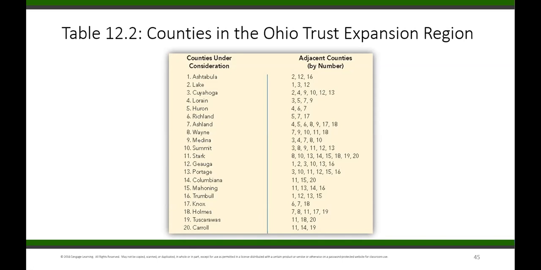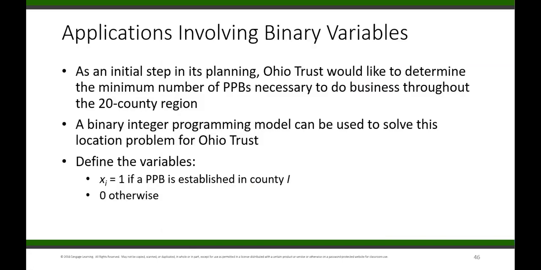These are 20 binary decisions. Their objective is to find the minimum number of PPBs, and their locations, in order to cover the whole region.